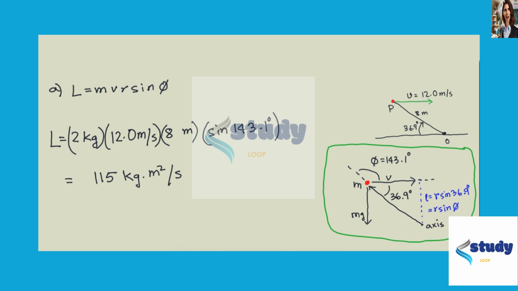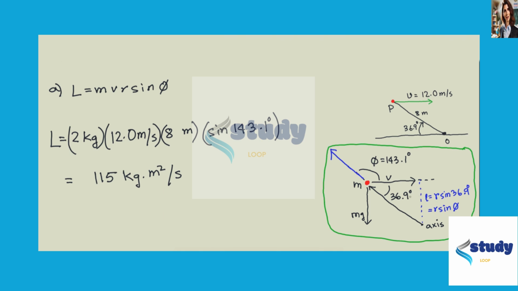Now we can extend this radial vector in this direction because if we say this is the point of our origin, then the radial vector is going away from there, and then our velocity vector is this way.